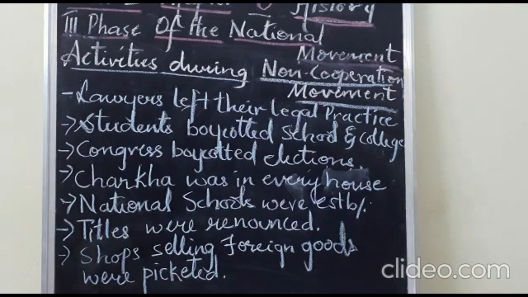There were communal riots in Malabar, and the Prince of Wales's visit to India in the year 1921 was boycotted, and an unruly mob turned against the British, and hence the police opened fire and killed 59 people. And these were the programs which were followed during the non-cooperation movement.